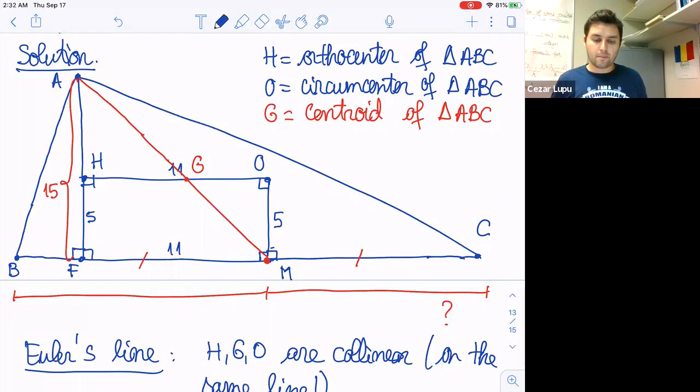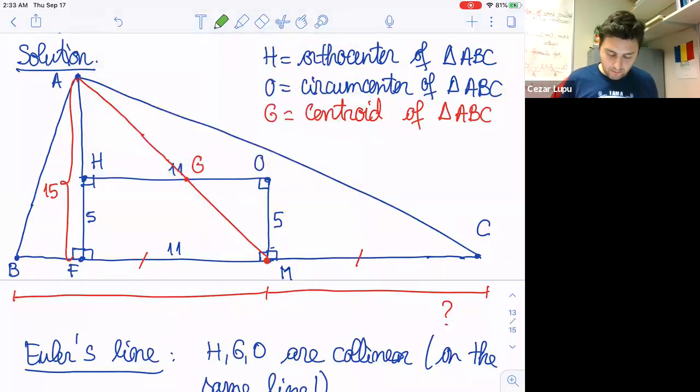Let's look at this triangle, because I'm trying to get some information.